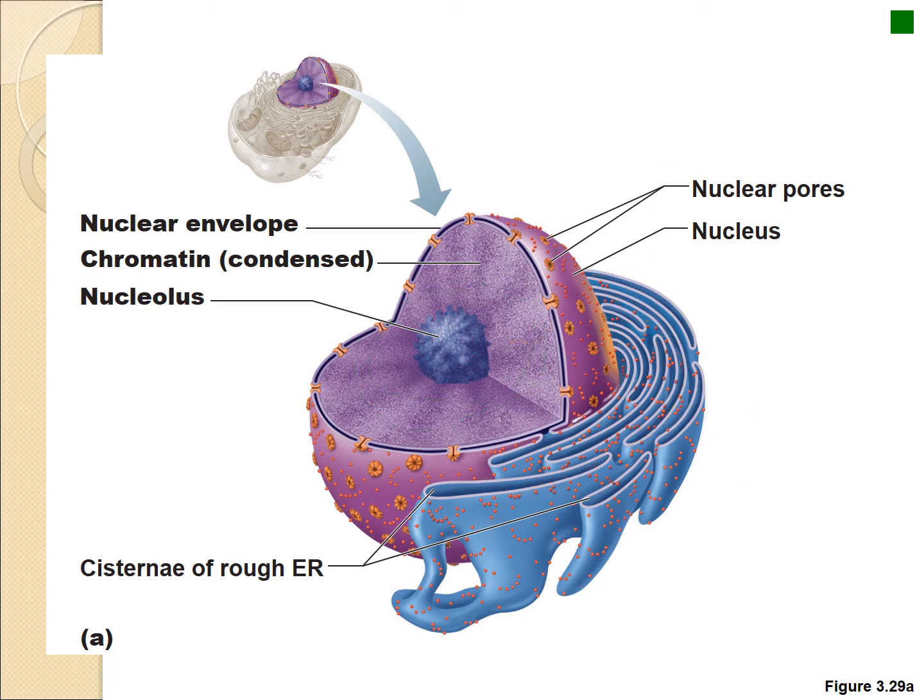And then there's something called heterochromatin. Hetero, H-E-T-E-R-O. And that is condensed or compact DNA that usually forms things called chromosomes that are visible but inactive.